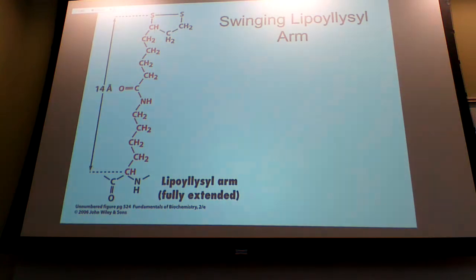So that's where it gets its name. But this thing is pretty long, and it can swing back and forth. So it can swing over to E1 and do its thing there, and it can swing back over to E3 and get regenerated later. Because that is flexible, it's basically moving active sites together and apart again. Yeah, that's really cool.